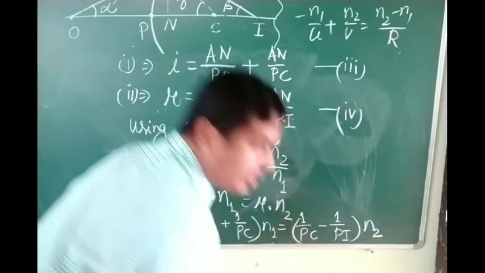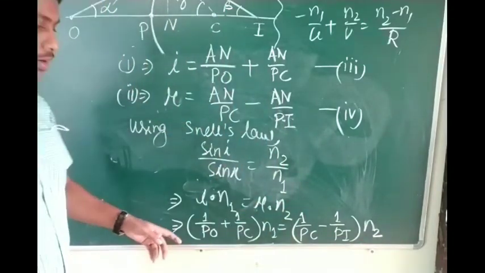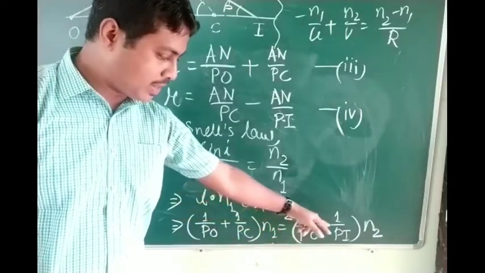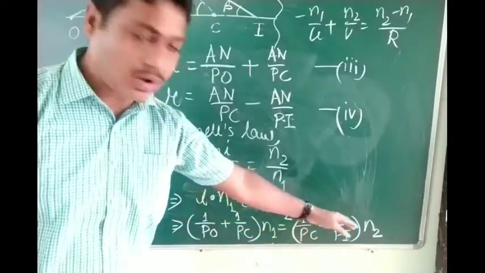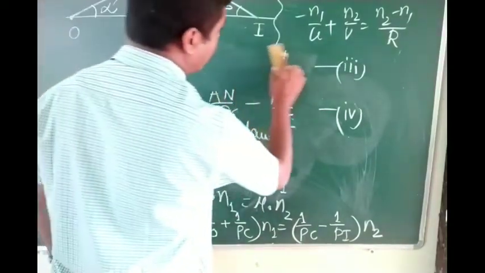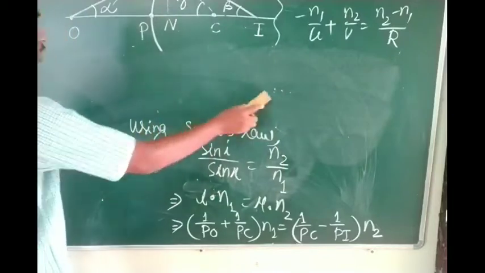So we have got these two expressions. 1 by PO plus 1 by PC into N1 is equal to 1 by PC minus 1 by PI into N2.